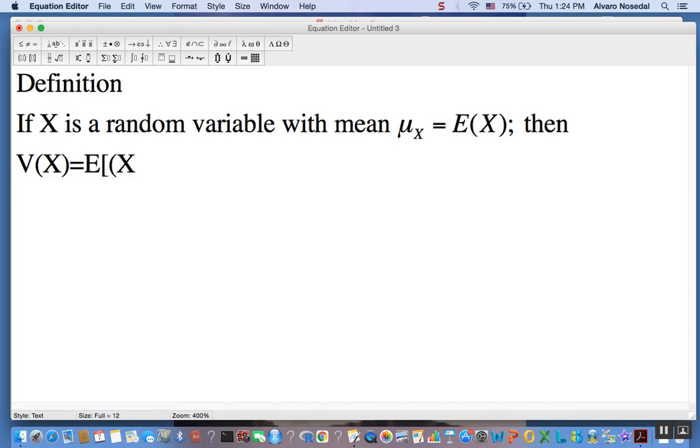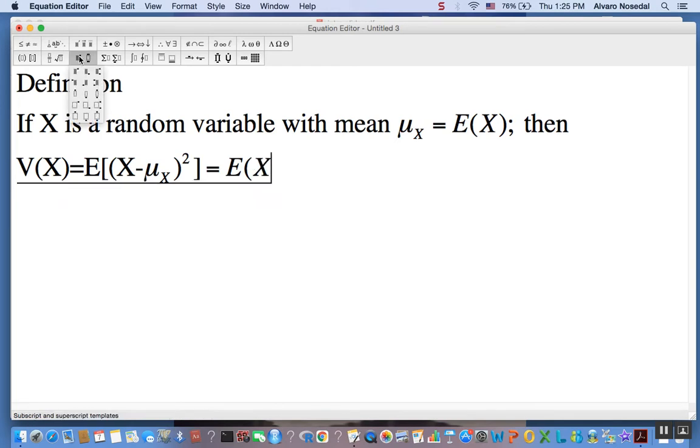It's the expected value of your random variable x minus its mean, squared. And I'm sure that you showed that there's an alternative formula to find the variance of x, which is given by the expected value of x squared minus the expected value of x, the whole thing squared.